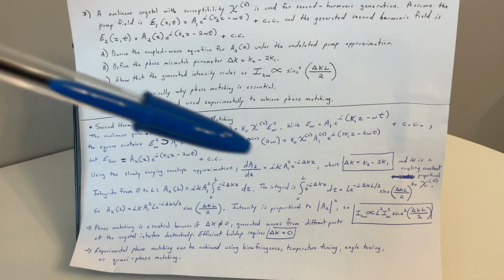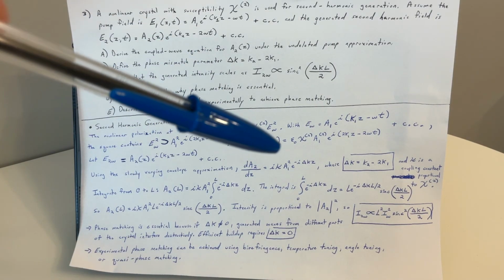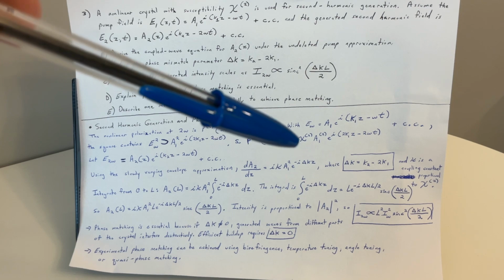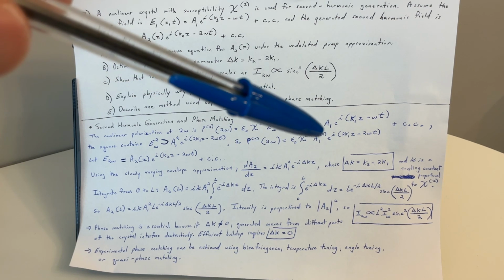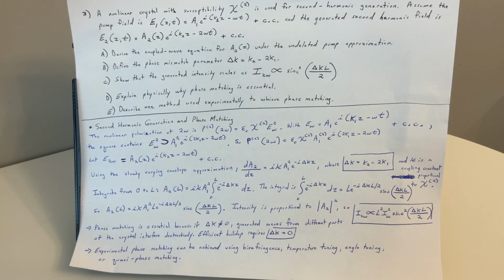So this second order P at 2 omega equals epsilon naught chi second order, A sub 1 squared, e to the i times quantity 2 k sub 1 z minus 2 omega t.